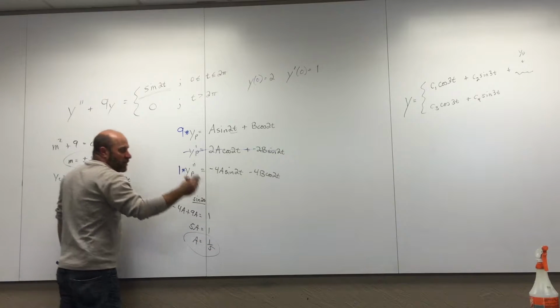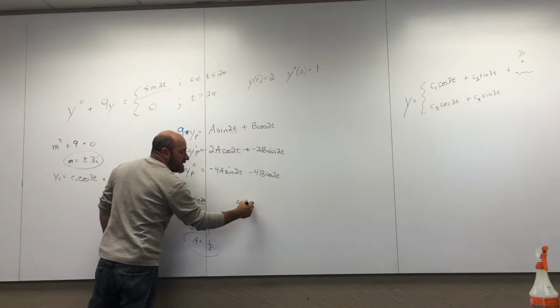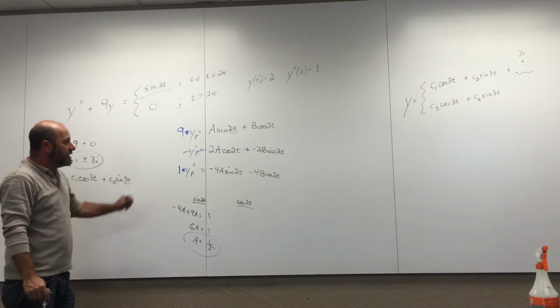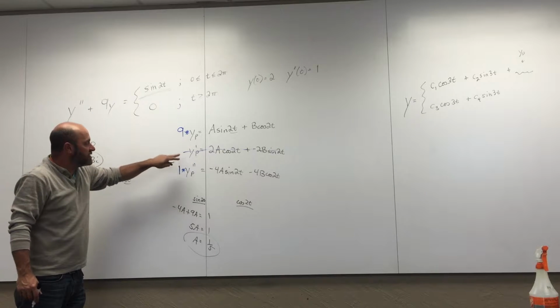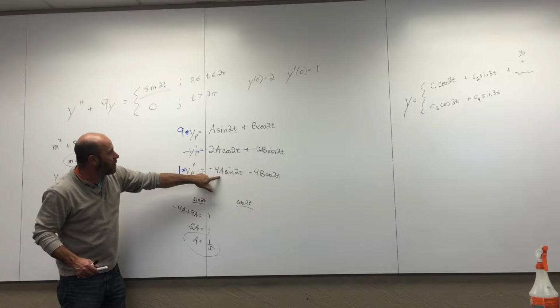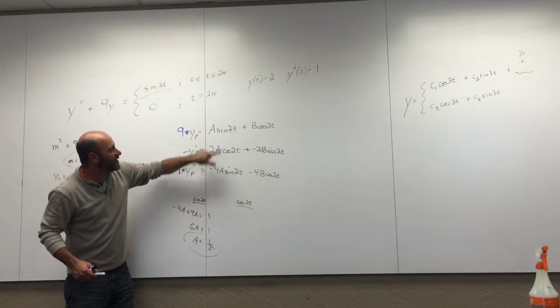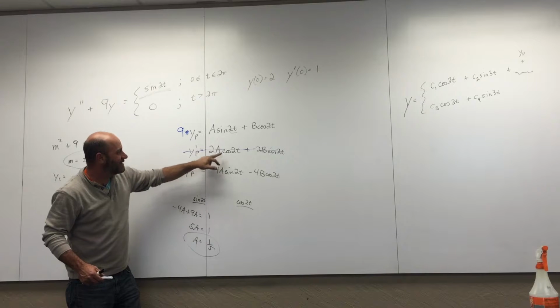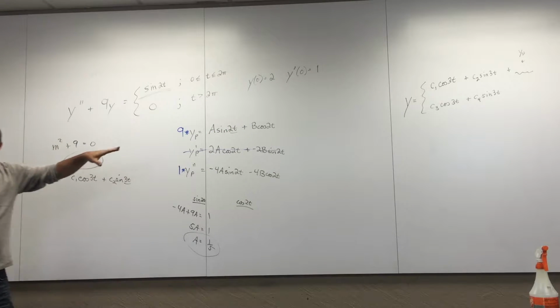This is interesting. We did one just like this the other day, with sines and cosines. I think I'll probably have no cosines. Because the y prime is gone, the y double prime and the y are both sine functions.